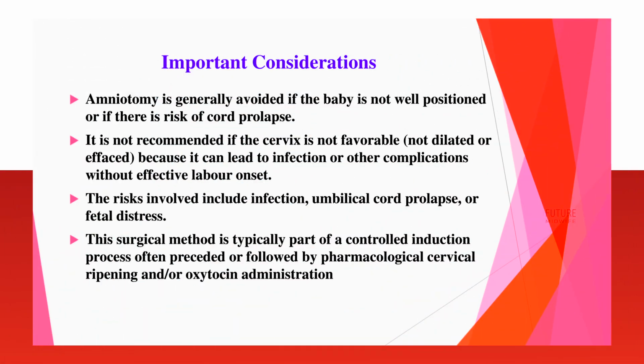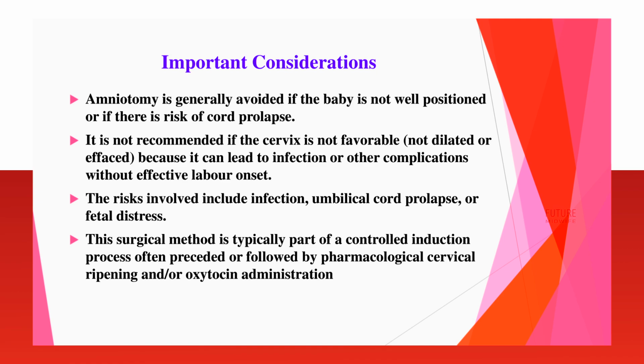Next, we'll see the important considerations before amniotomy. Amniotomy is generally avoided if the baby is not well positioned or if there is a risk of cord prolapse. It is not recommended if the cervix is not favorable because it can lead to infection or other complications without effective labor onset.